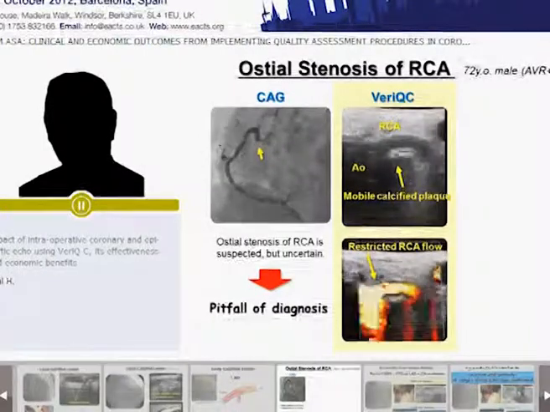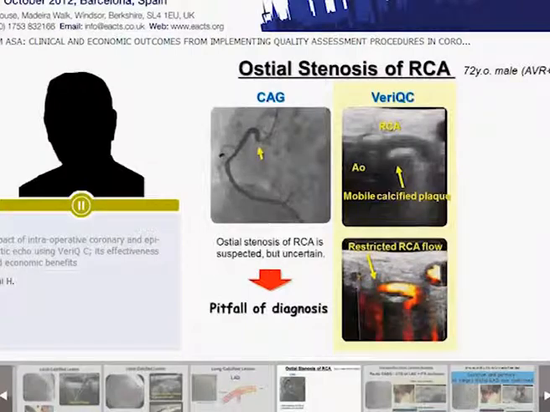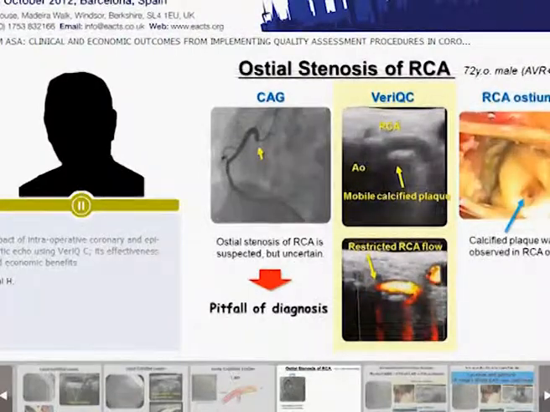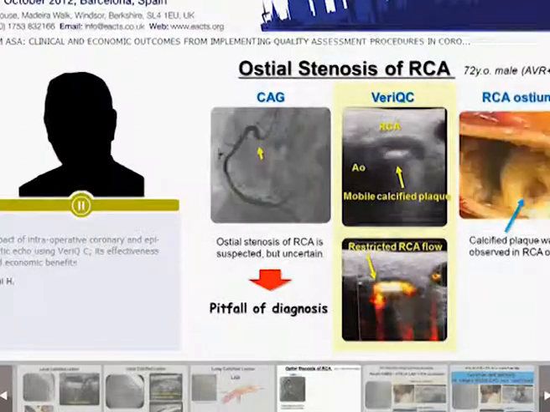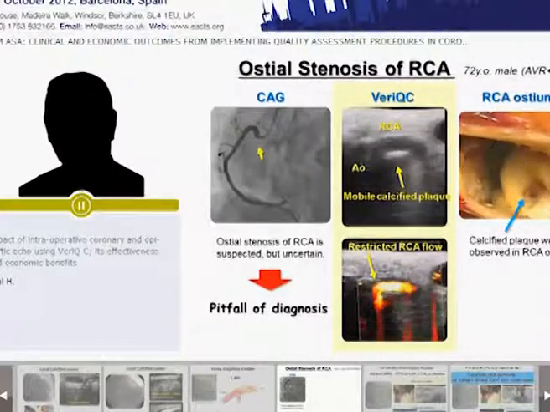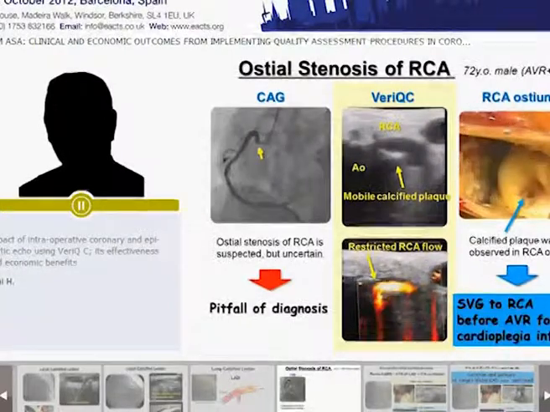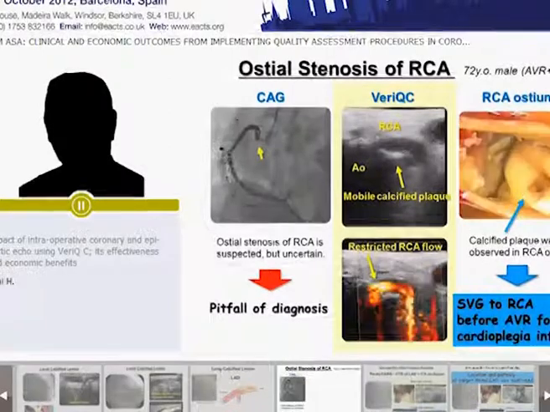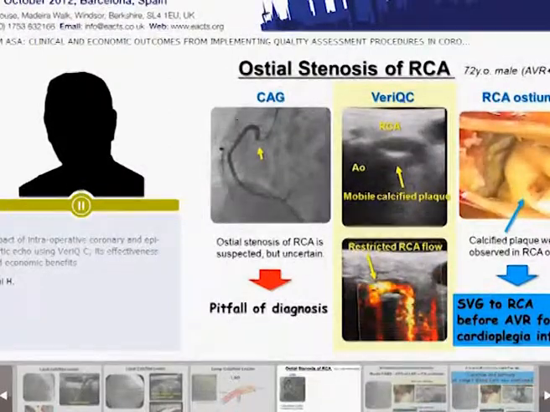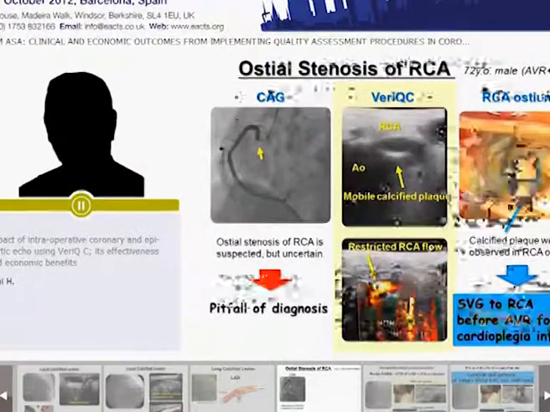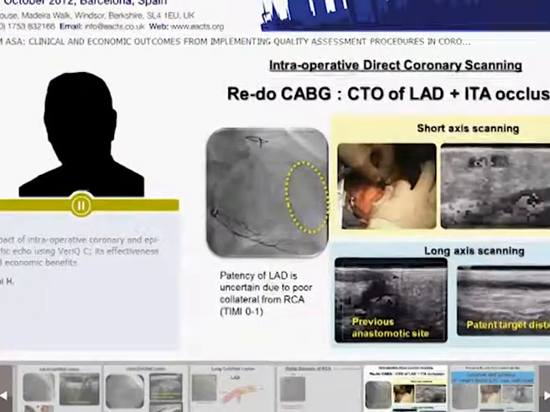For this particular case, I did aortic valve replacement also. I opened the aorta and found the calcified plaques detected by VeriQ C. So I put a saphenous vein graft to the right coronary artery, beating heart on pump before AVR, and then put cardioplegia infusion through the graft.